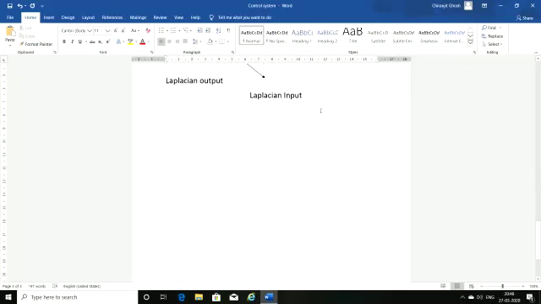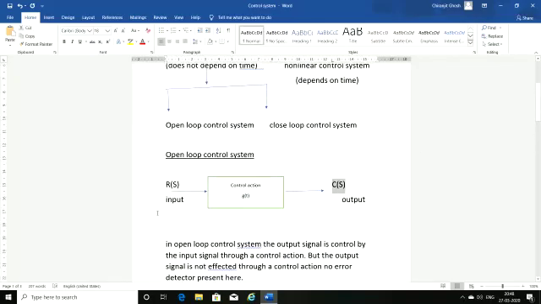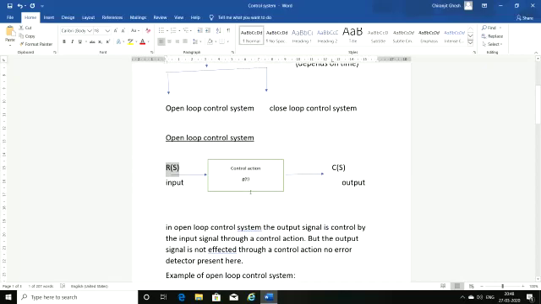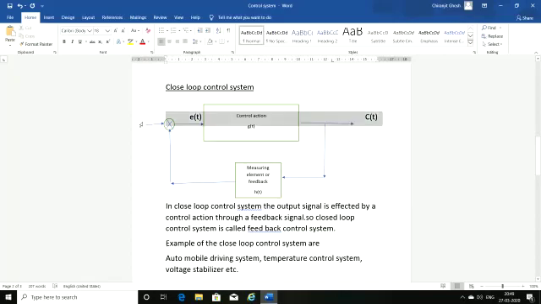It will be said that for a closed loop control system the transfer function is as follows. In an open loop control system there is an output and an input, so C(s) by R(s) equals G(s). But when we go to a closed loop control system, there is an input R(s), an output C(s), again G(s), and another element, a feedback, which is H(s).